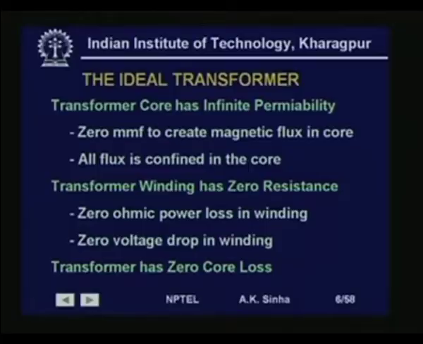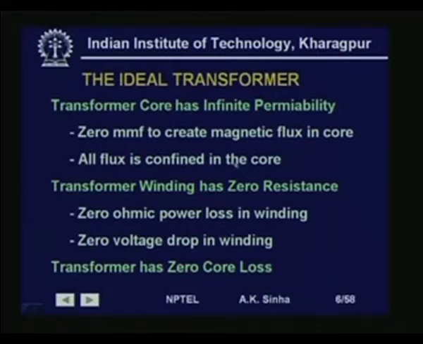Now, this transformer we assume has infinite core permeability. What does this really mean? It means that there is no MMF required to create the magnetic flux in the core. That is, there is no exciting current required to create the flux.